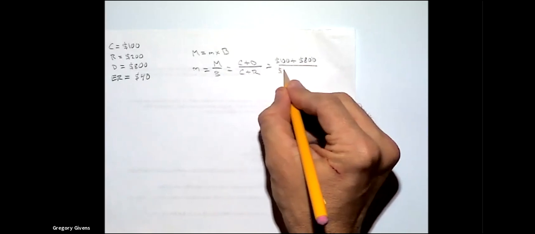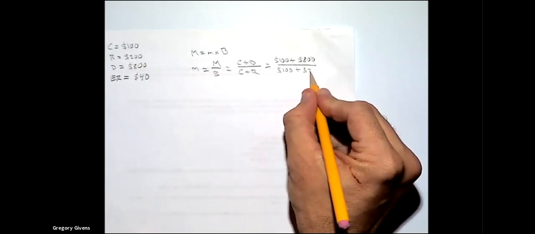Currency again is 100. And what are total bank reserves? We also know that from the problem. It is 200 billion. So this is what? 900 billion divided by 300 gives us a money multiplier of 3.